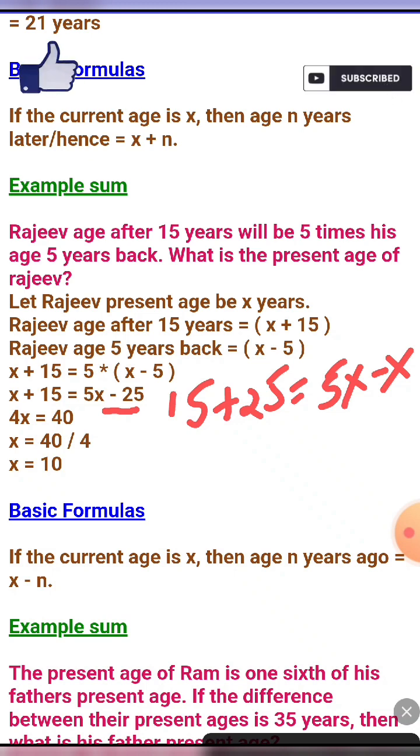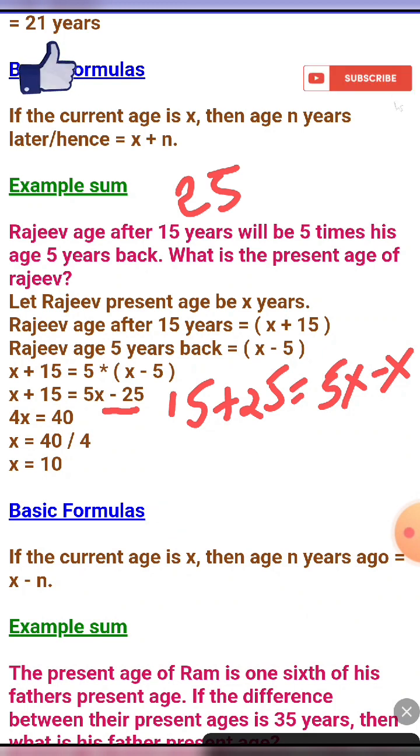Now we can prove it. Rajiv's age after 15 years will be 5 times his age 5 years back. The current age we have found is 10 years. After 15 years, it will be 25.